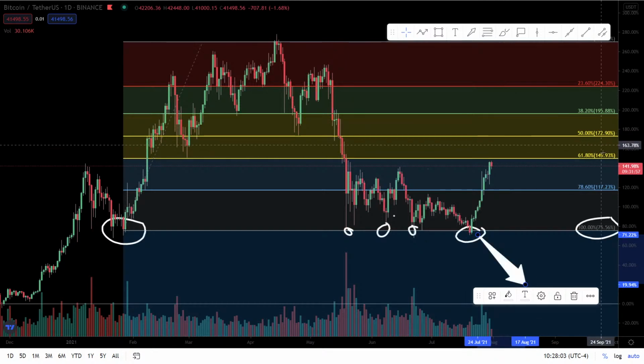Because if Bitcoin should now break into the 61.8% zone, you can believe it's going to go up to the 50% before it makes a move to resist. Again, you got to remember, with trading, it's all about probability and chances. We're always looking to increase the probability that price action will go one way rather than another, and we work with the probabilities.